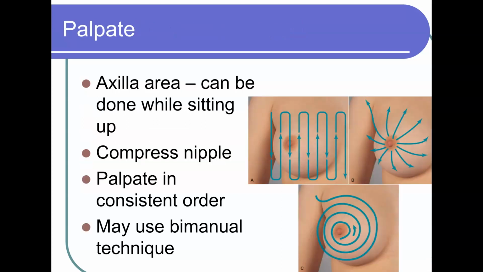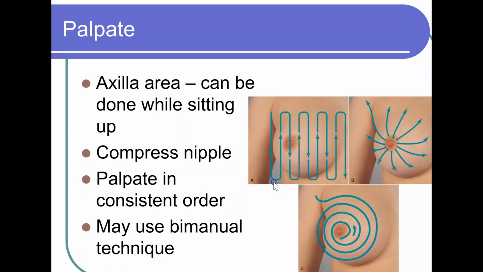When you are checking the breast, you want to do the axilla area. It can be done while sitting up, and you want to compress the nipple. You want to palpate in a consistent order, and you may also use the bimanual technique where you can use both hands.